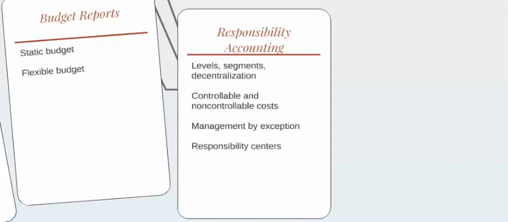And it can be used at various levels, every level of management, so long as you've got a couple of conditions in there. You've got to be able to have costs and revenues that you can tie in with that level of responsibility, whichever level you're talking about. So you've got to be able to trace them, and they have to be controlled by those employees at that level.